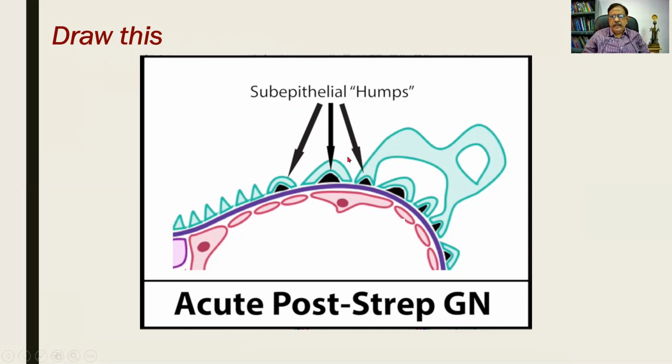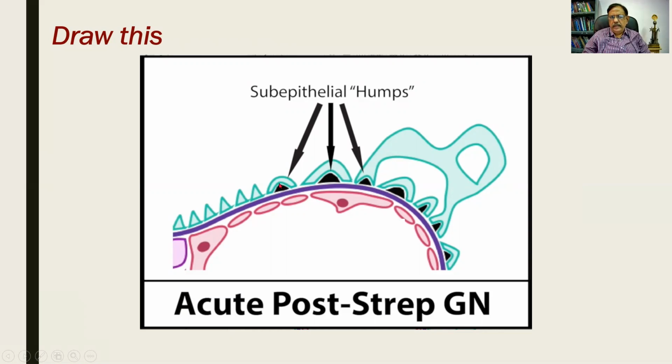And as I had mentioned earlier, this is the epithelium again. The same diagram will be repeated any number of times. This violet color in this is the basement membrane, and beneath the epithelium, you find that there are subepithelial humps, which is basically the antigen antibody complex which is getting deposited in the subepithelial region.